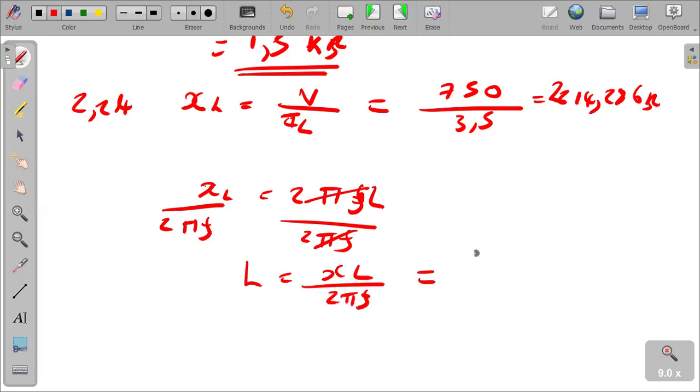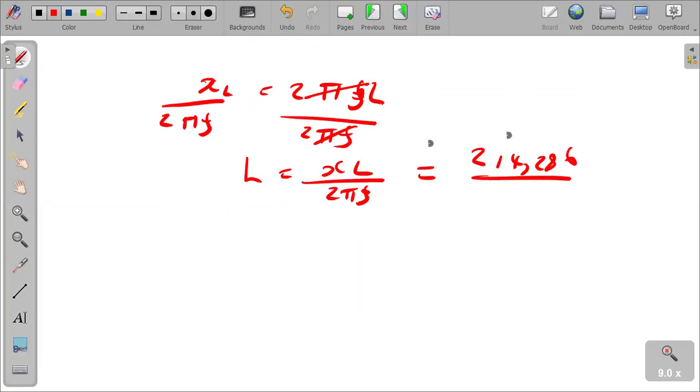That's 214.286 divided by 2 pi multiplied by 6 times 10 to the power of 6, because it's 6 megahertz. Mega is 10 to the power of 6.